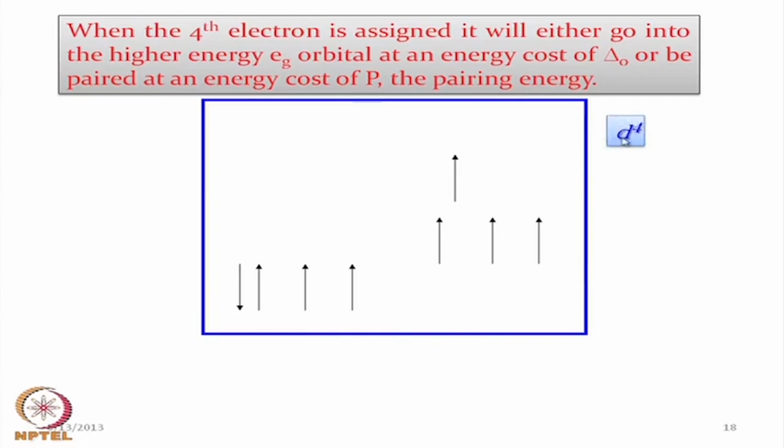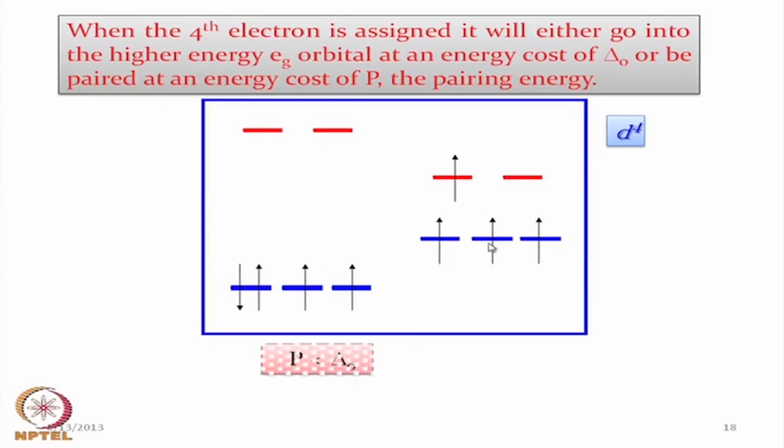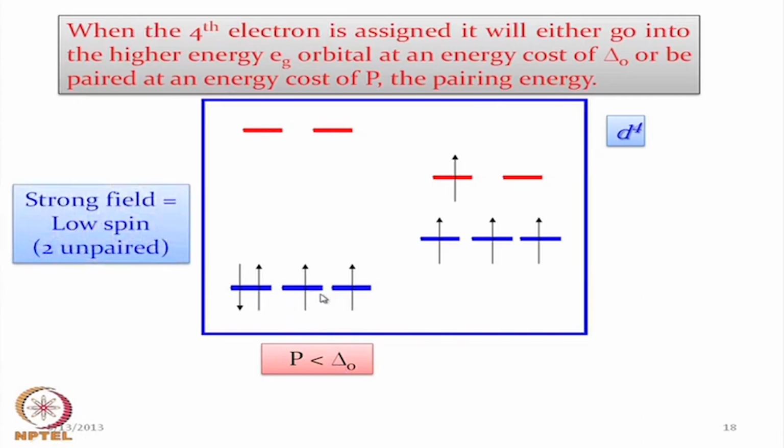So for the d4 situation, whether this electron will go up or will be paired here is dictated by the relative magnitude of delta O and P. So these are the levels: the red ones are the eg level and the blue ones are the t2g level. This is the situation where P is less than delta octahedral, so we have the low spin situation.